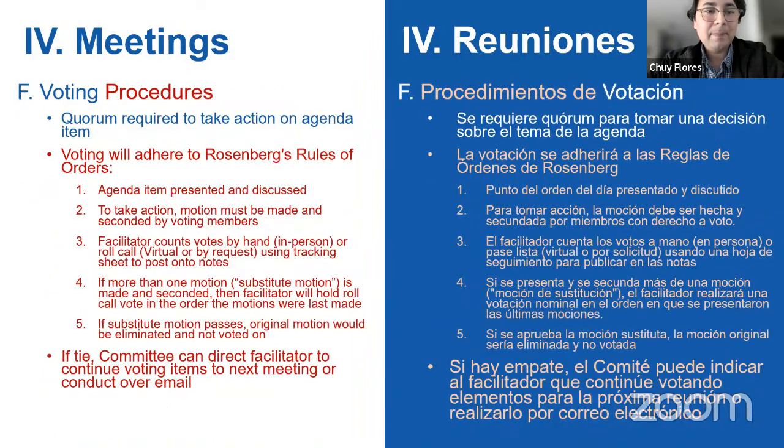Next slide. In terms of voting procedures, there have been no major changes to this section itself, so we are still proposing to move to Rosenberg's Rules of Order procedure that we discussed last week.